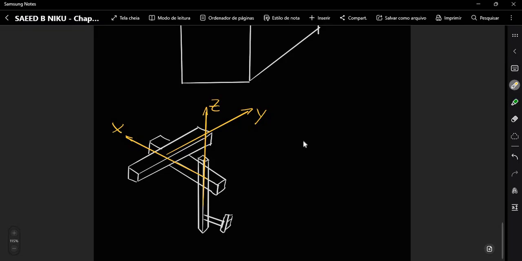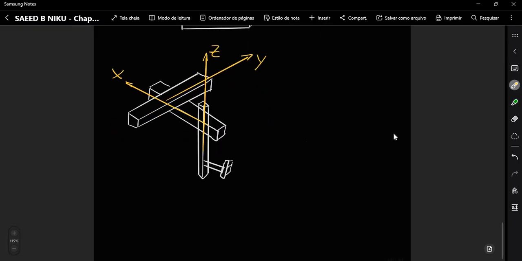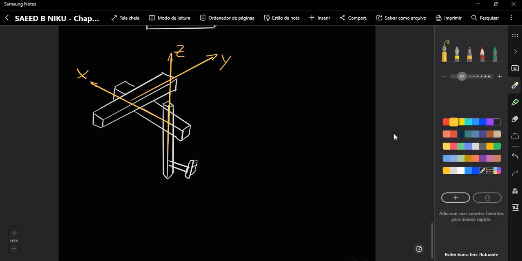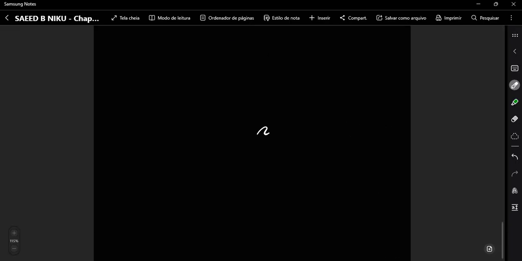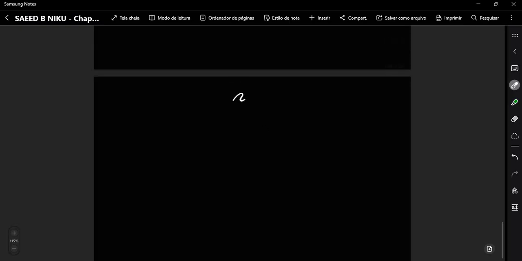Okay, let me run with this. I will reuse this illustration, and now let's illustrate the cylindrical one. And for the cylindrical one, let's draw a cylinder.